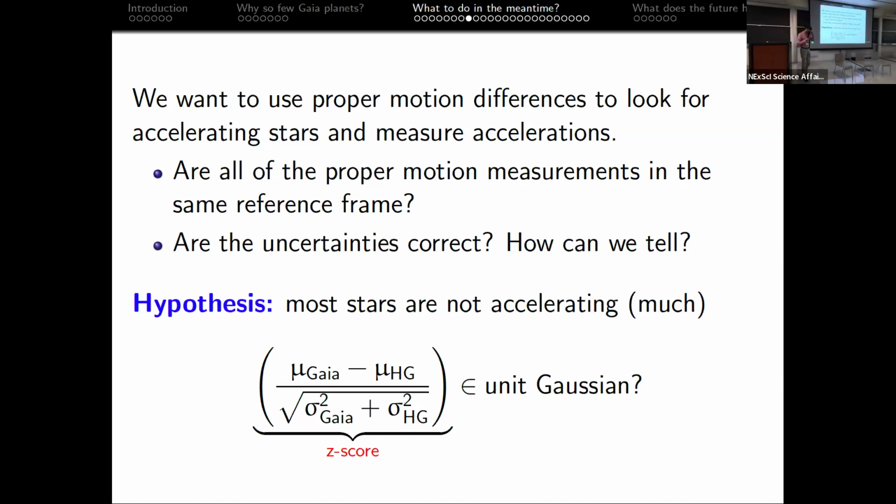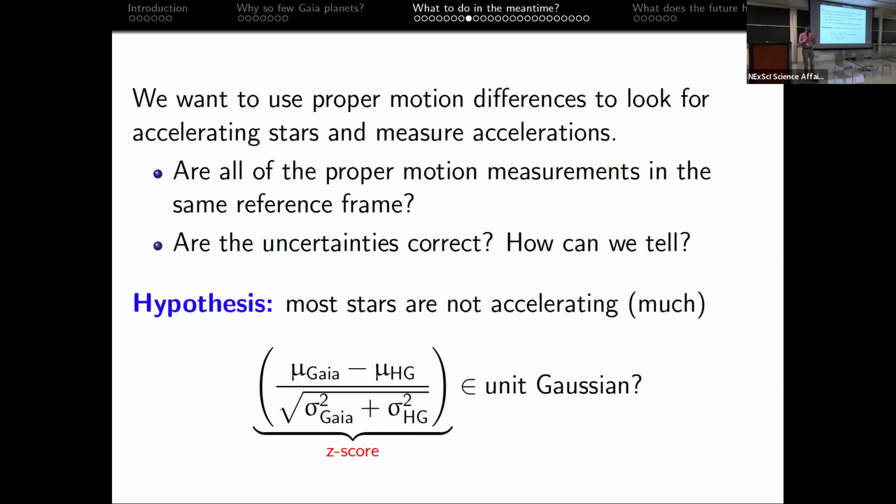We have to ask ourselves, do the data behave as expected? And to do that, I'm going to set up what we call a null test. If you've dealt with data before, you've likely encountered null tests in some form or another. You're asking basically, if my data are good, they should have some property. Do they? Most stars should not be accelerating like crazy across the sky.